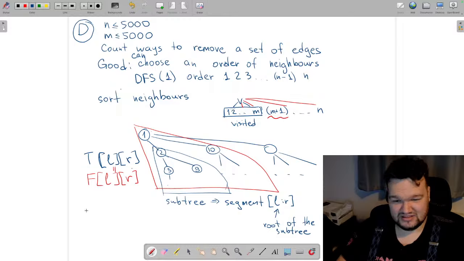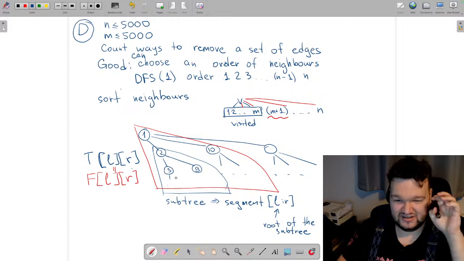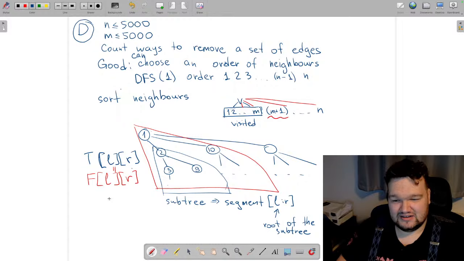But now, how do we update F? So the base values are obviously just F[L][L] is 1. If we have one vertex, it is not a full subtree. And now if we have some tree LR, then if we want to add the next edge, R was the last visited vertex here, then this one must be R plus 1. Right? So we must have the edge from L to R plus 1.